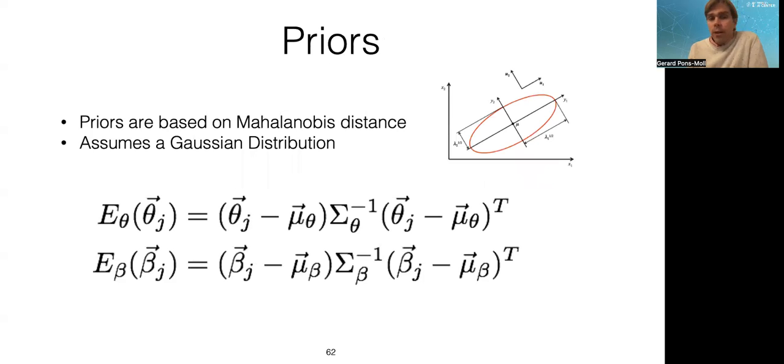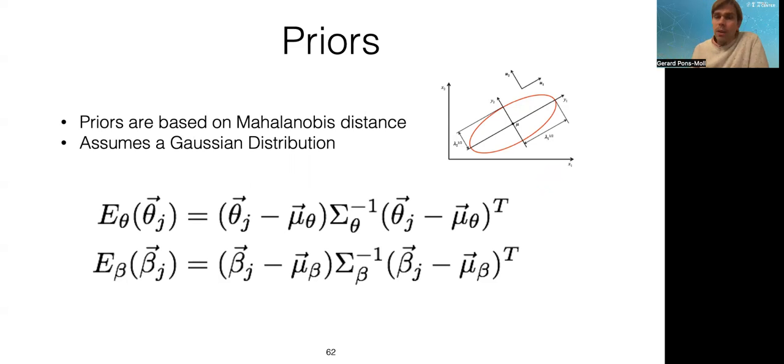All right, you need some priors as well for the pose and shape so that things don't go wrong. And you can use many different priors. There are different priors in the literature, and we will see some of them. The easiest thing that you can do is assume a Gaussian distribution and use a Mahalanobis distance.